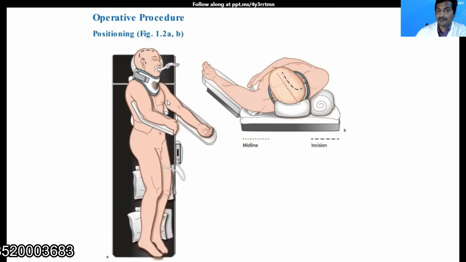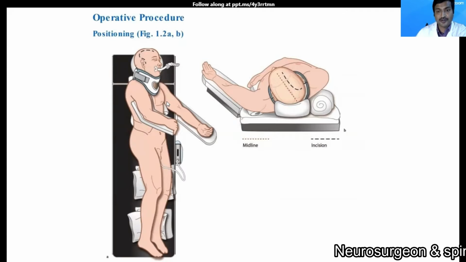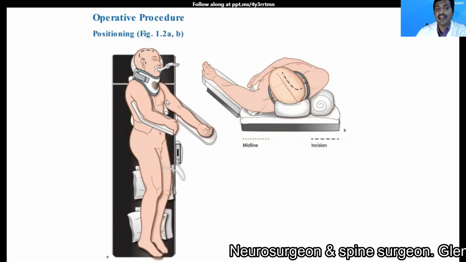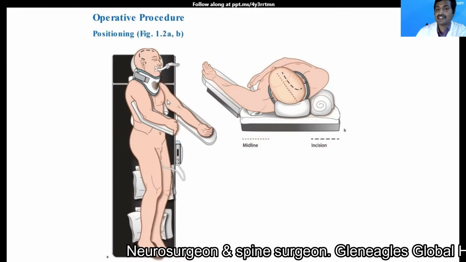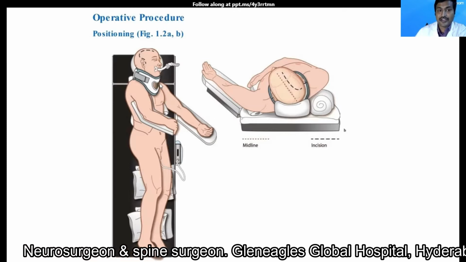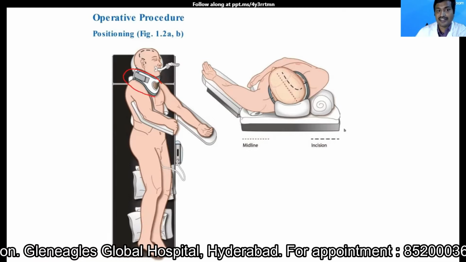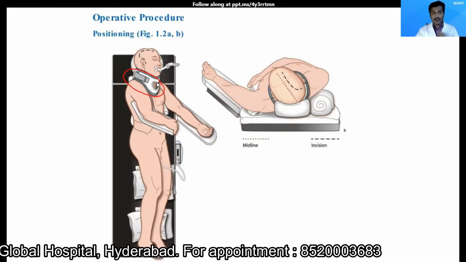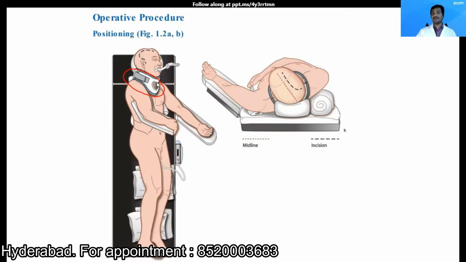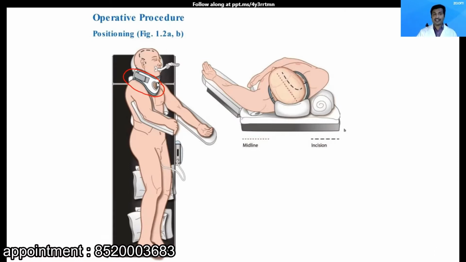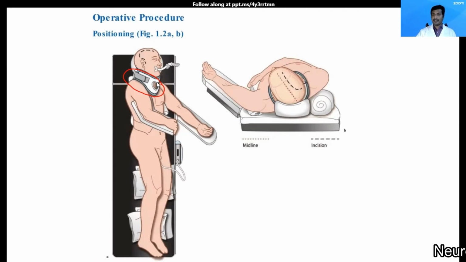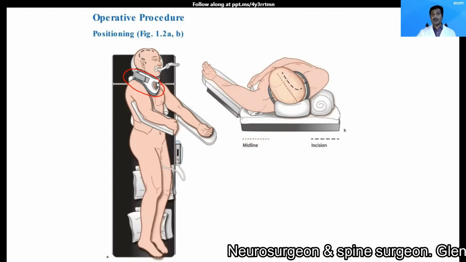Suppose, because it's an emergency, I have not cleared the neck of fractures for any reason, then I would position the patient in a semilateral position and secure the neck with a cervical collar. You can see the cervical collar. If I have cleared the neck of cervical spine injury, I would prefer to keep the patient supine with the head rotated to the opposite side.